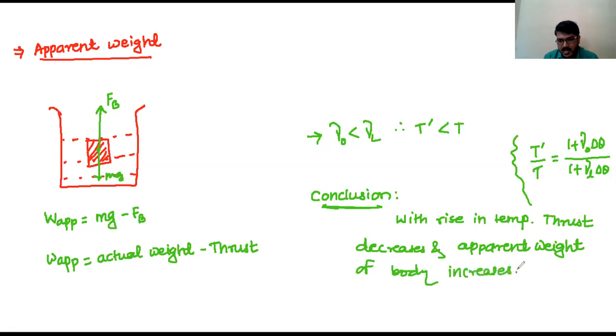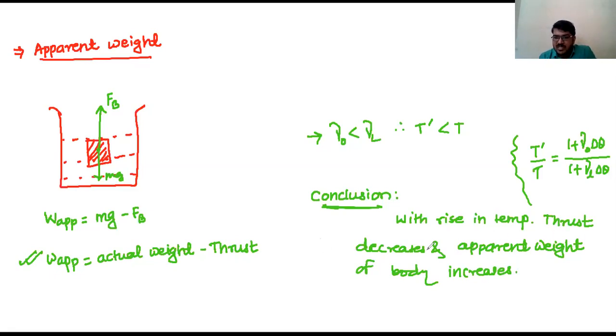Sir, one more time, listen here. Now you concentrate on this formula. W apparent is equal to actual weight minus thrust, right? Now if this thrust factor will be more, we are going to subtract more from actual weight. So if this is more, this will become less. If this will be less, this will become more. Understand?